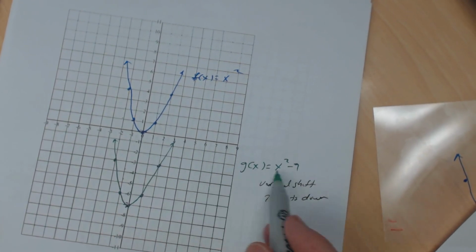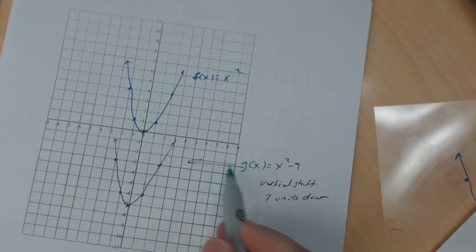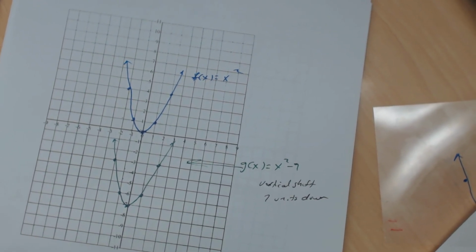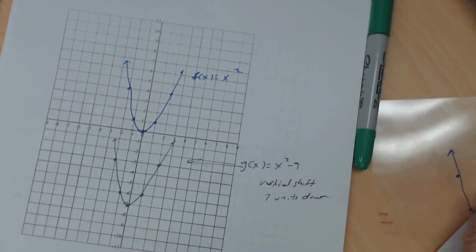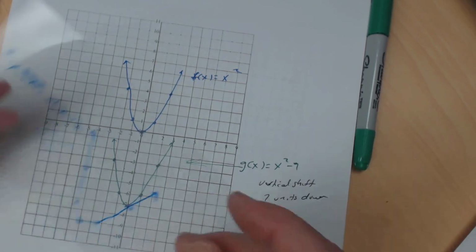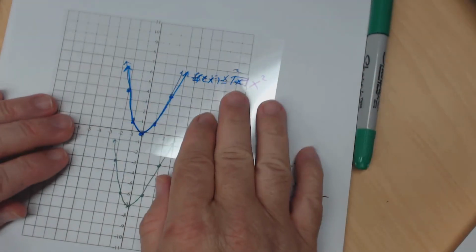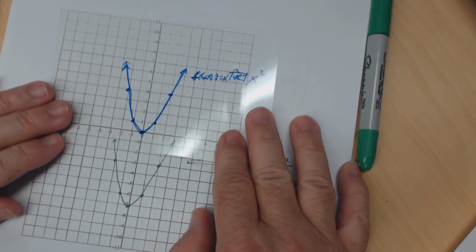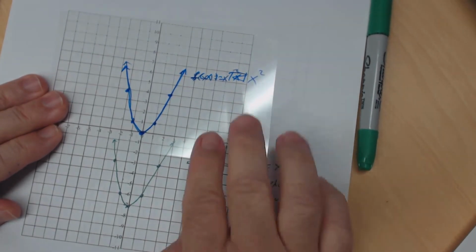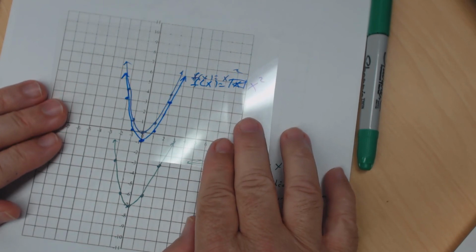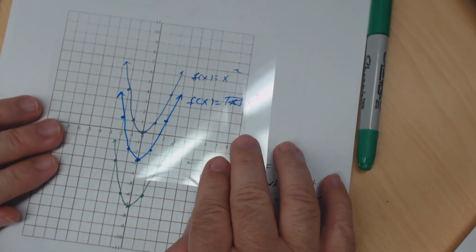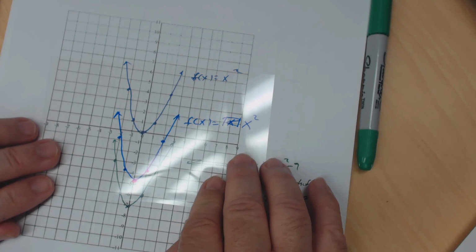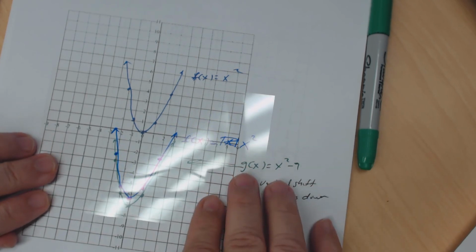So that right here is g of x. Now I want you to notice something. Take that transparency again, and I want to show you something. There's my parent function. I am shifting down 7 units. So watch. 1, 2, 3, 4, 5, 6, 7.